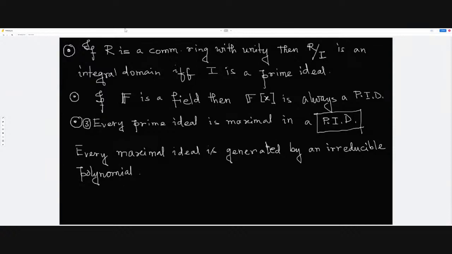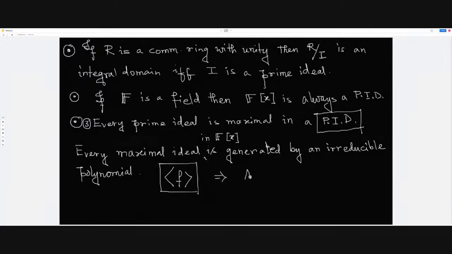Whenever we talk about a maximal ideal in F[x], we know that F[x] is a PID. So if I take any maximal ideal in F[x], then it has to be generated by an irreducible polynomial. So all maximal ideals look like this, where f is irreducible.